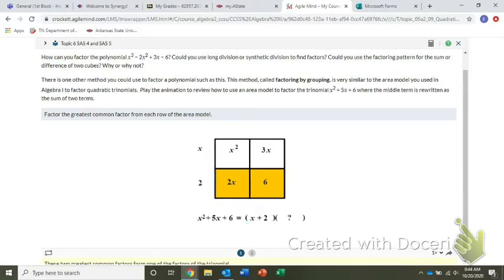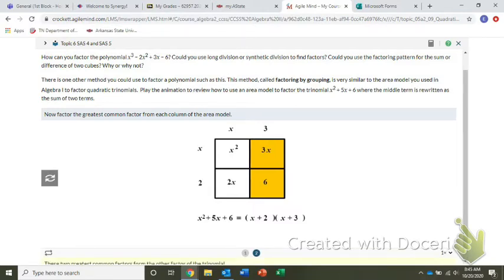Now, we're going to highlight the left side, an x squared and a 2x. They also just have an x in common. After we highlight the left side, we highlight the right side. And we have a 3x and a 6. Well, you have to think, what number goes into both 3 and 6?